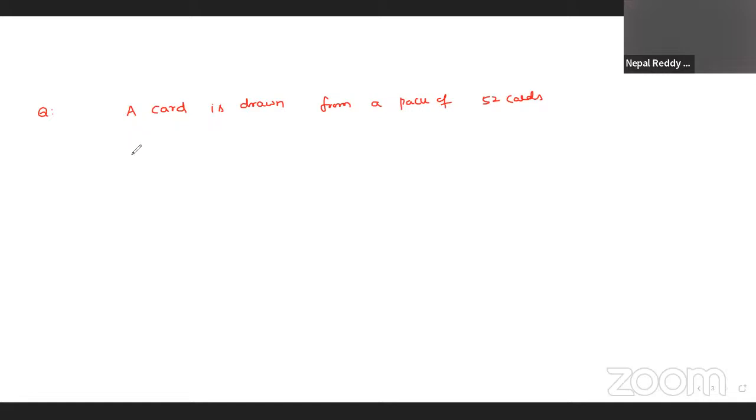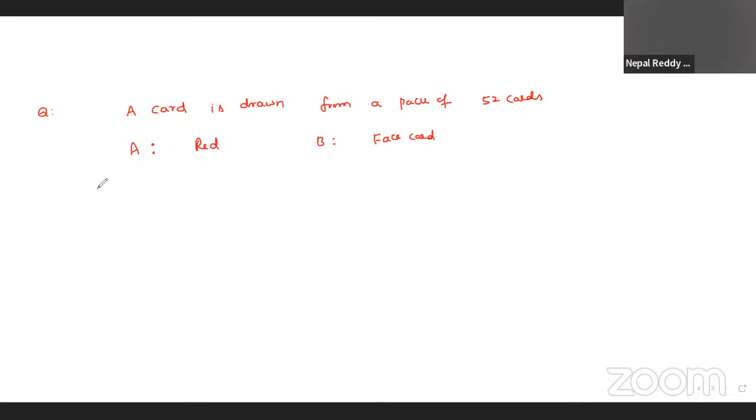And given event A, getting a red color, the drawn card should be red. And B is given that the card should be a face card. Face cards are nothing but J, Q, K, right?